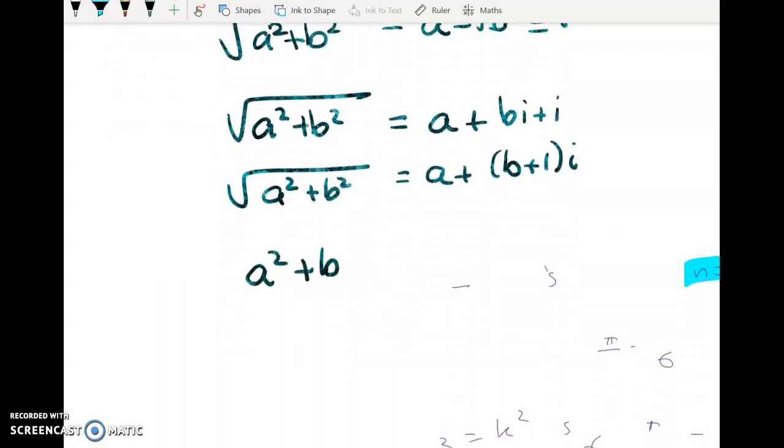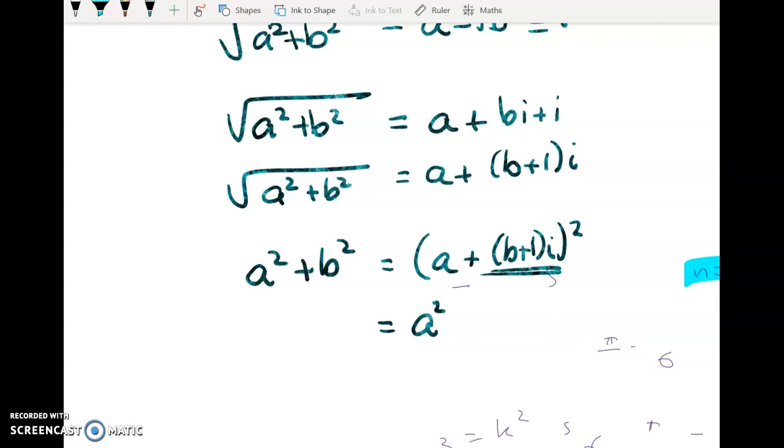Now the next thing to do when I've got a surd equation is to square both sides. So we have a squared plus b squared, and here we have this squared. Now squaring that gives me a squared. i squared is -1, so it's going to be i squared times b plus 1 squared.